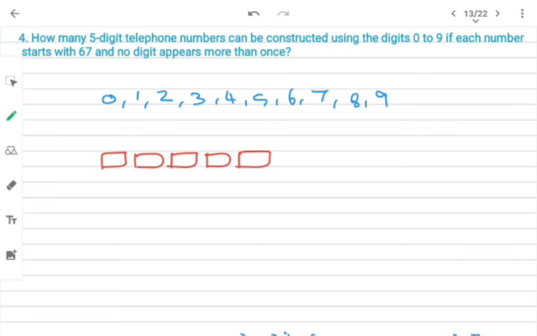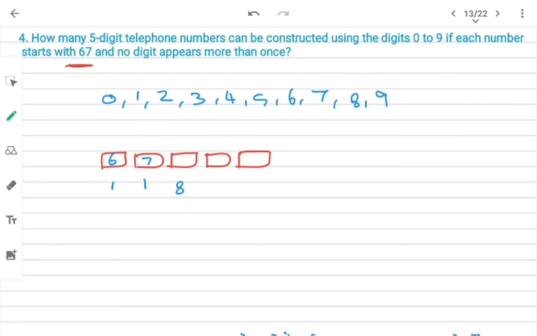But they have given the clue, starting with 67. So it is sure that the first place should be 6 and the second place should be 7. Therefore the possibility in the first place is one number, and here it is also one number. Among the 10 numbers, two numbers are already used. So in this place I have an option of 8 numbers, that is 0, 1, 2, 3, 4, 5, 8, 9.